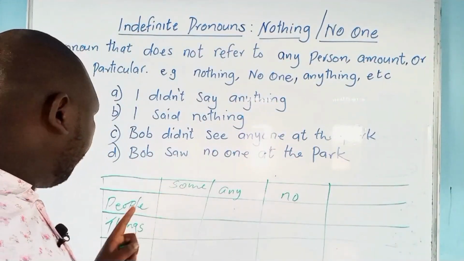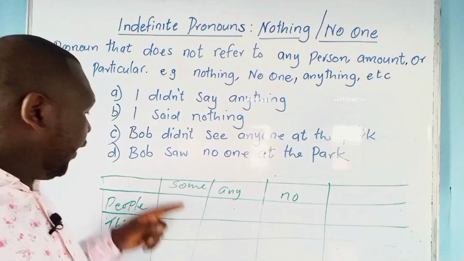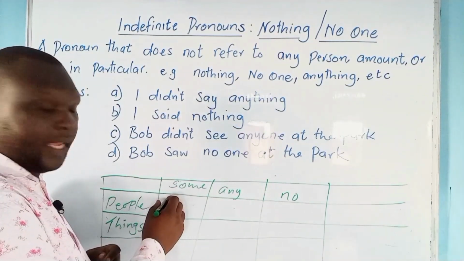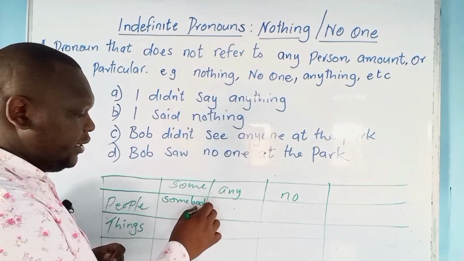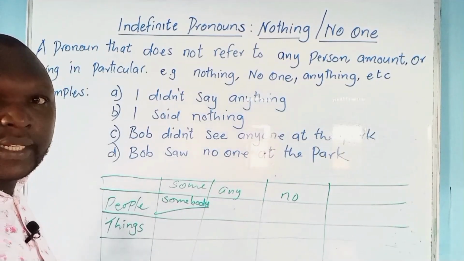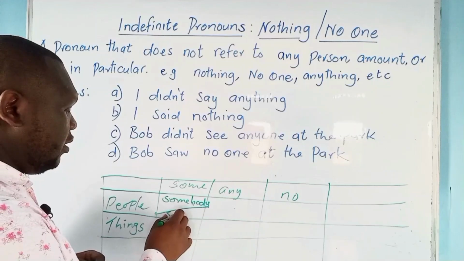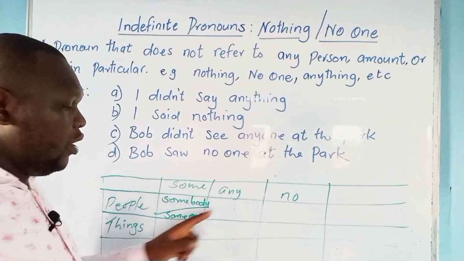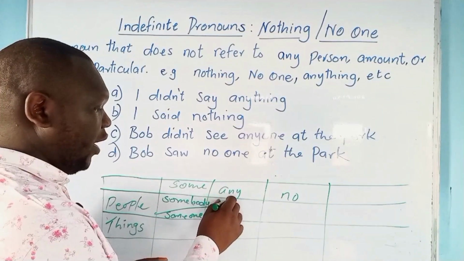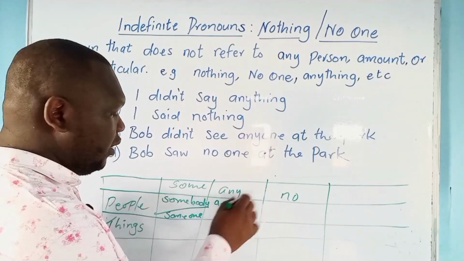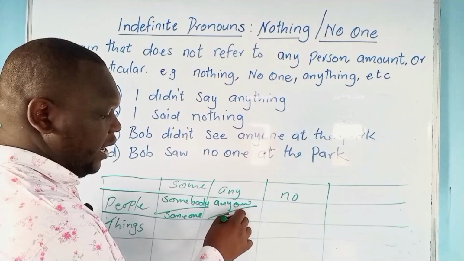Now let's begin with the people. Let's go together. Some. So here we're going to say somebody, or again we can say someone. What about any? Any, we can say anyone, or we can say anybody.